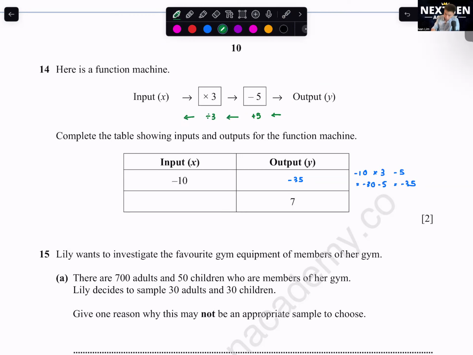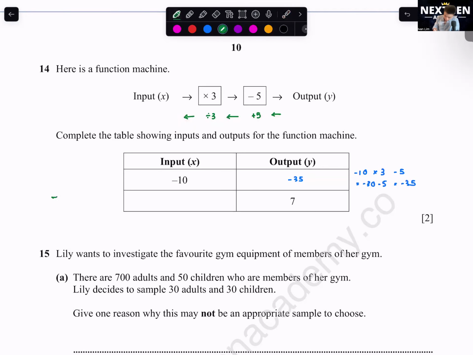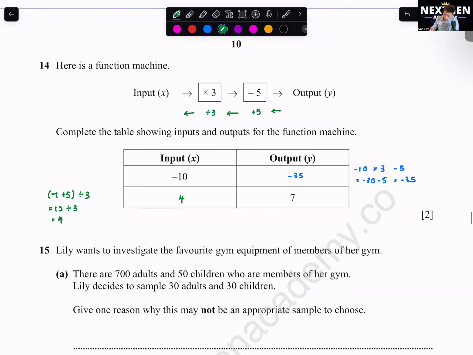Okay, so I want y'all to follow this order also. So 7 now plus 5. Okay, we do 7 plus 5 first, then we divide it by 3. Okay, 12 divided by 3, which is equal to 4. Okay, this is on functions.